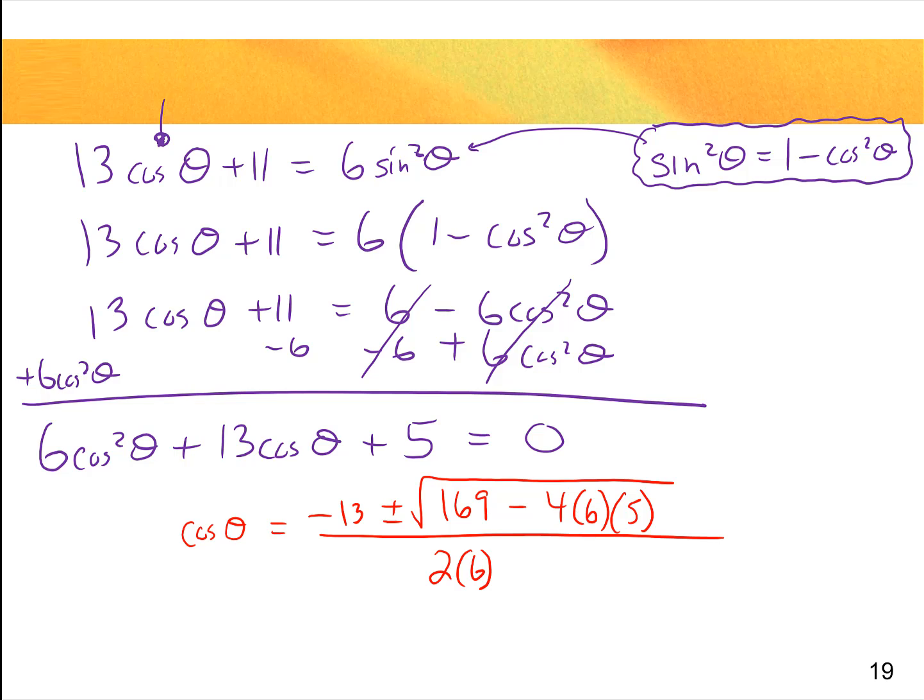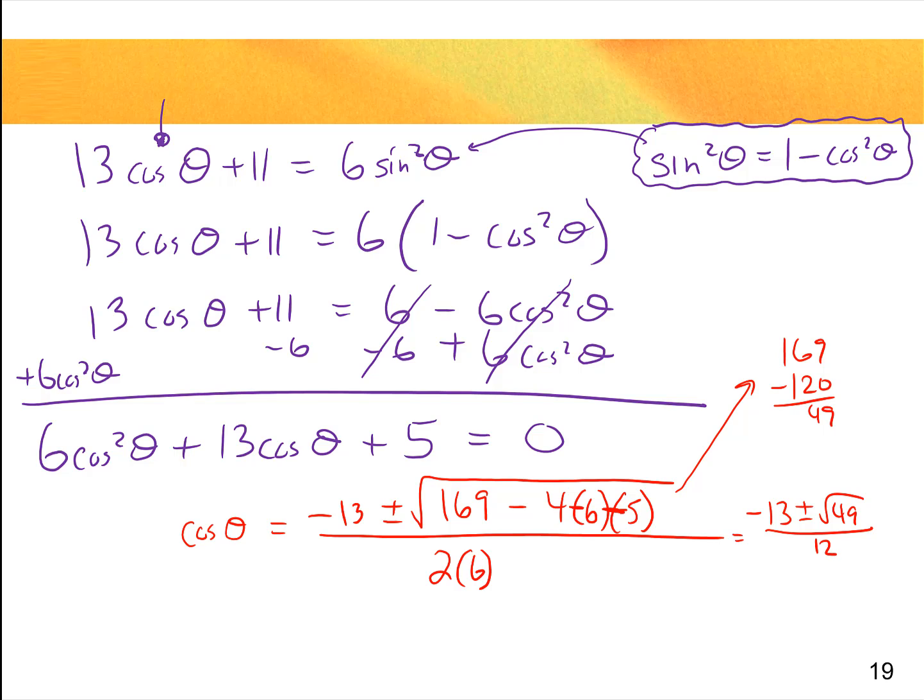Just inside the square root, I got 5 times 6 is 30. 30 times 4 is 120, so I have 169 minus 120, and hey, I got a 49 here. I know what 49 does. So 169 minus 120 gave me 49. This is negative 13 plus or minus the square root of 49 over 12.